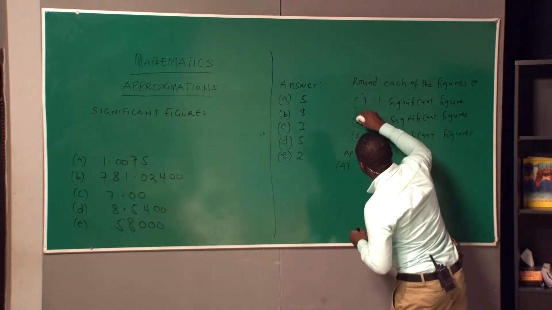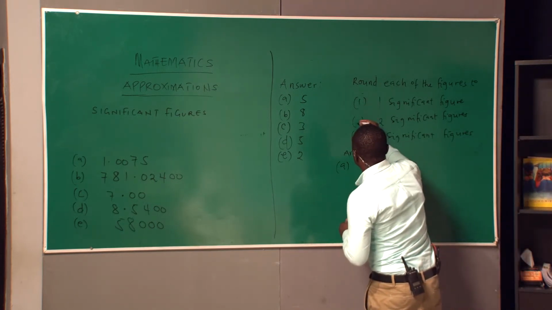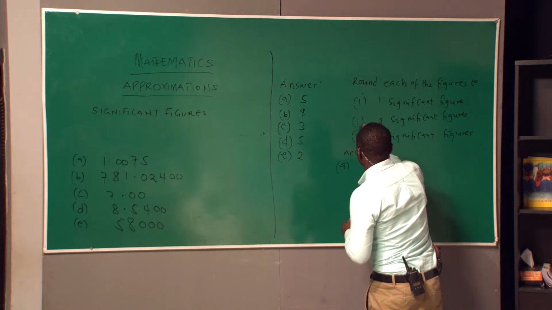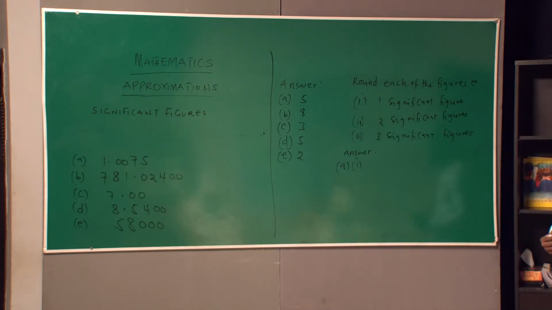I'll change these ones to I, and I. So that it will be AI. When I write AI, it means I am rounding it to one significant figure. Are you okay?